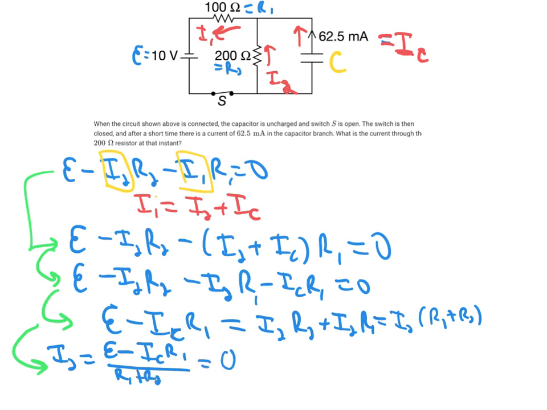Grinding out all those numbers, we get 0.0125 amps, which is 12.5 milliamps. And happily, that is in fact the answer that was also on AP Classroom. So a little bit grungy, but not terrible.